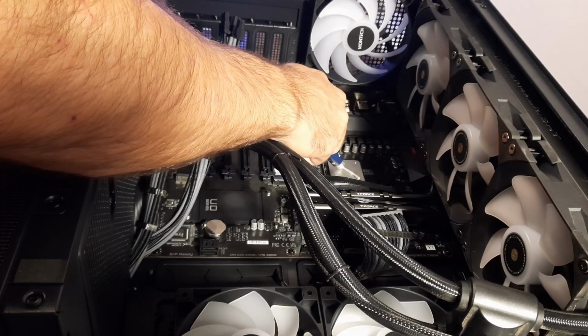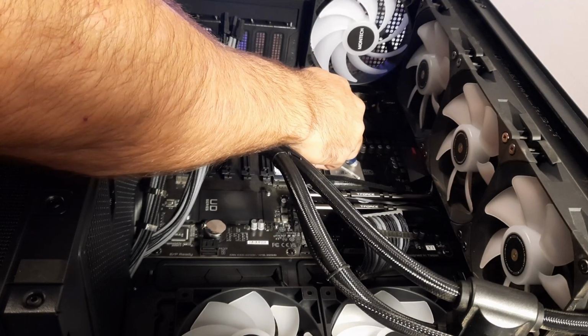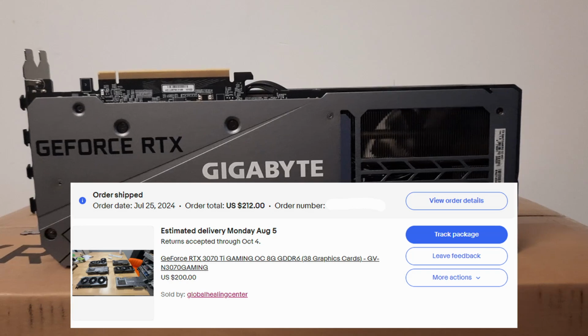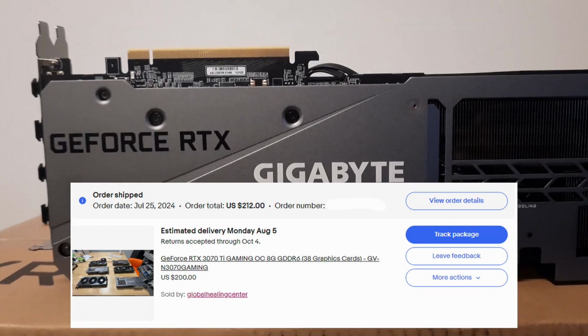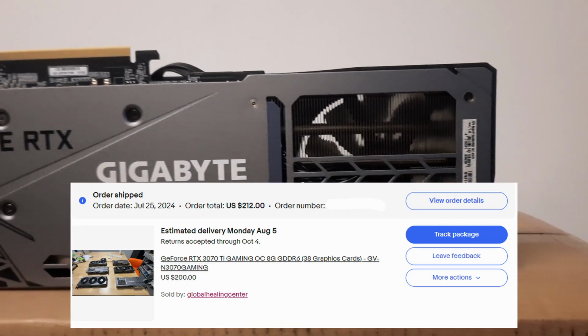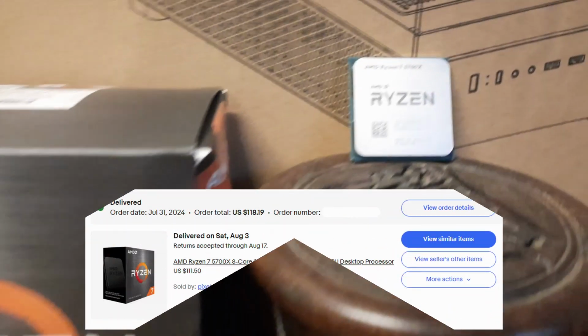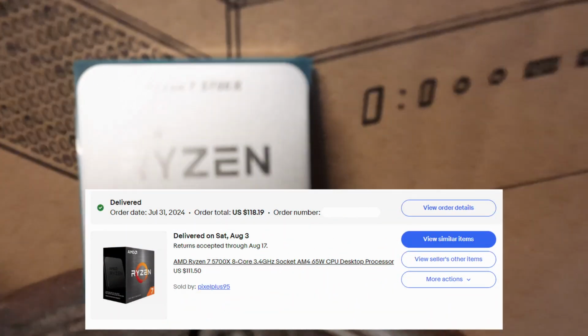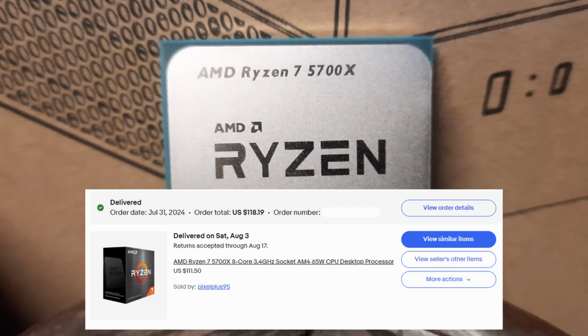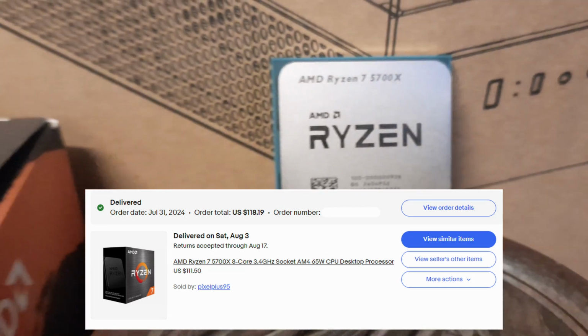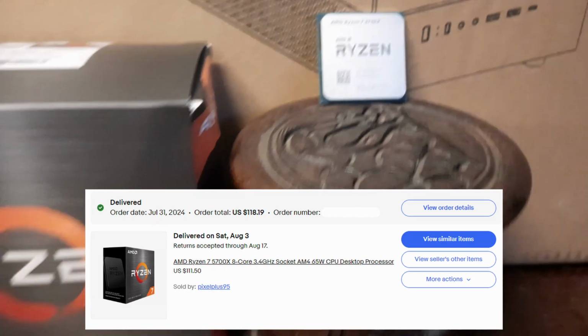So I told you the first thing that I did was I got the Gigabyte 3070 Ti for $212. The very next part was a Ryzen 7 5700X on eBay for $118.19 shipped. It's a little bit higher than I would have wanted, but I got tired of fighting people and bidding at the last minute and just went for it.